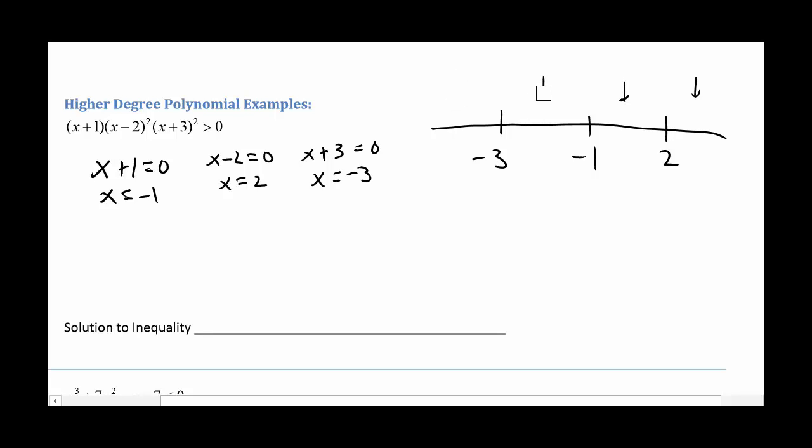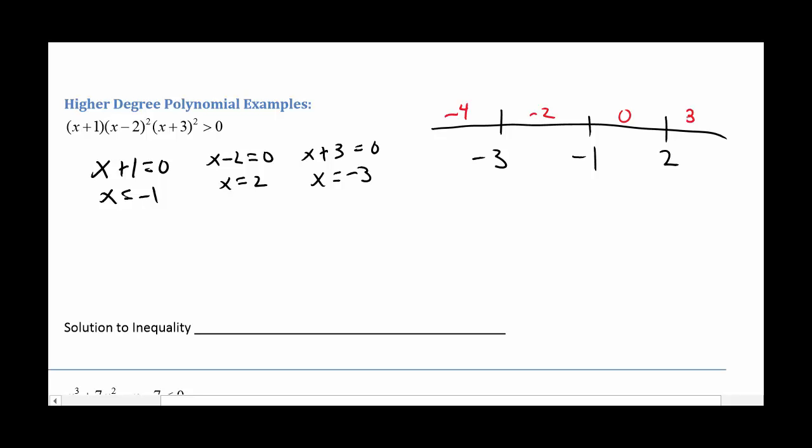So I need a number. I need a number smaller than negative 3, like negative 4. I need a number between negative 3 and negative 1, like negative 2. I need a number between negative 1 and 2, and 0 works. Anytime I can use a 0, that's a good one to take advantage of. And then I need something bigger than 2, like 3.